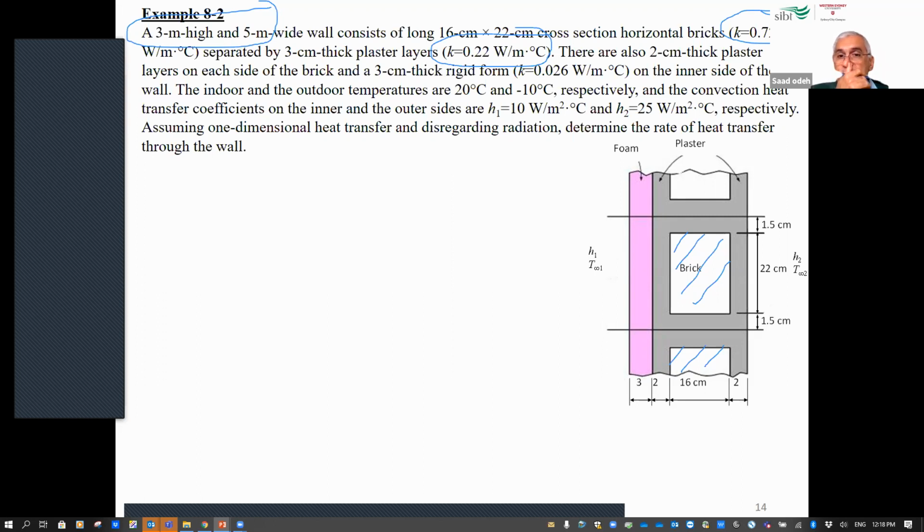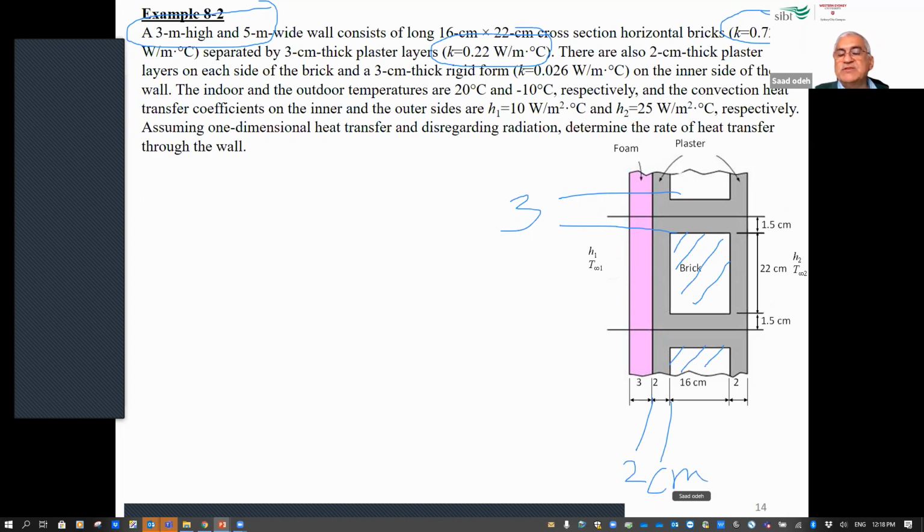There are also 2 centimeters, sorry, this is the first one. The layer of cement between the bricks, like here, is 3 centimeters, and we also have a layer of cement in front of the brick, as you can see here, 2 centimeters.